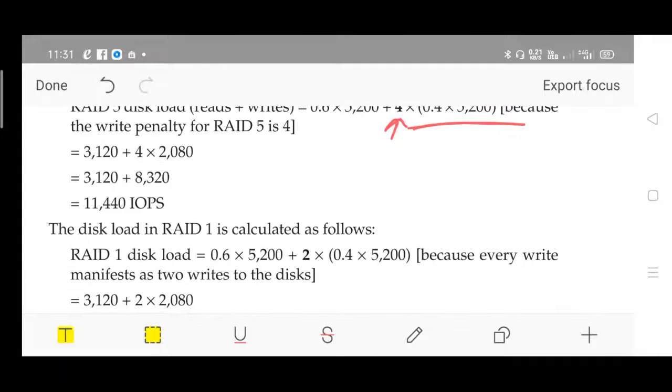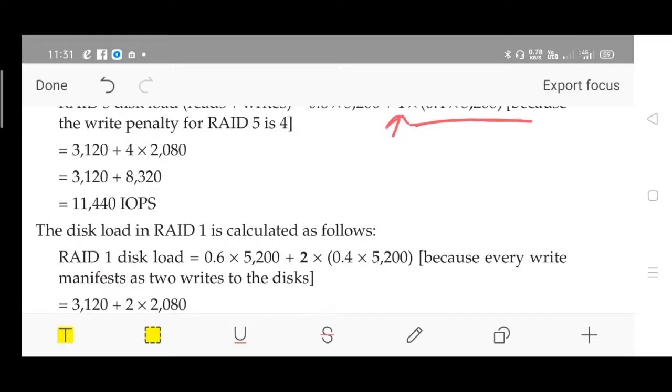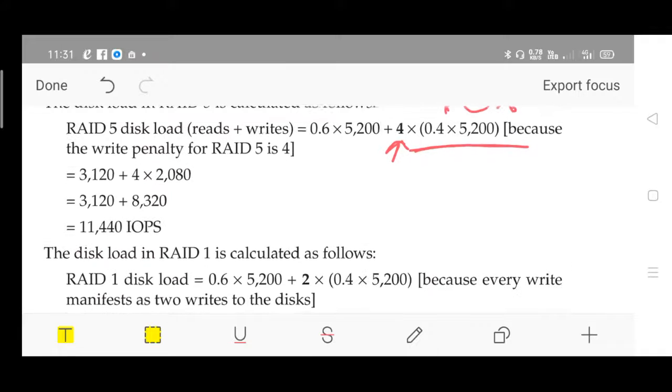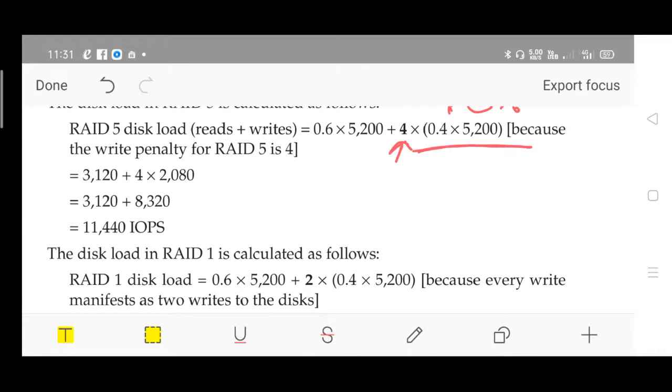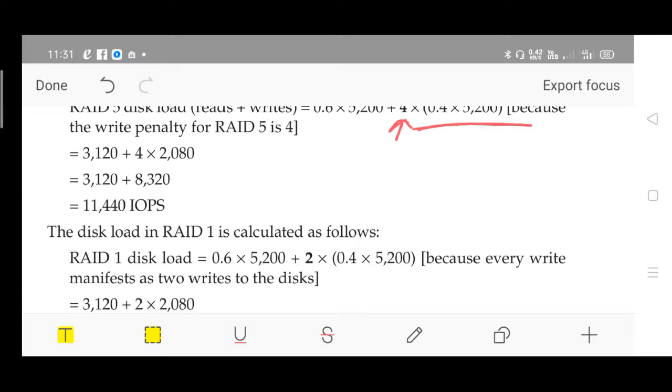Plus 3120, 11440 IOPS are generated. That is for RAID 5. This is the disk load in RAID 5.